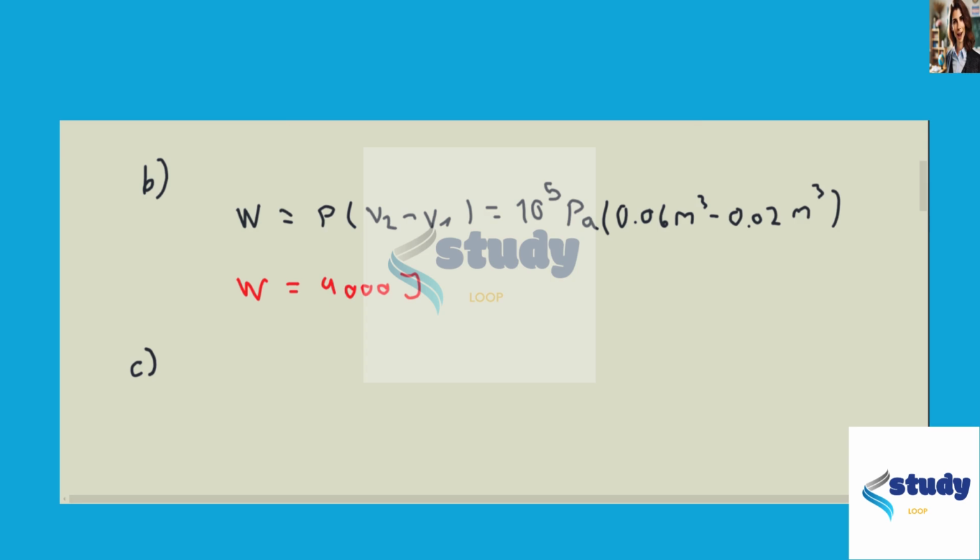So for part C, W equals, first for the triangular part, 1/2 of the 0.06 minus 0.02 meters cubed, times 3 minus 1, this is for the pressure change, times 10 to the 5th power pascals.